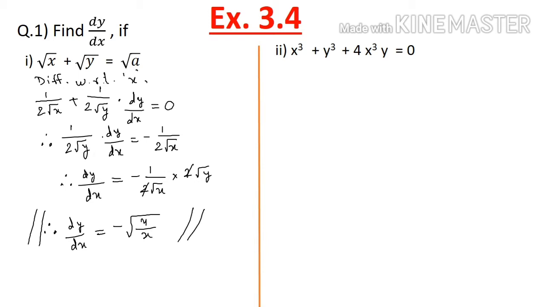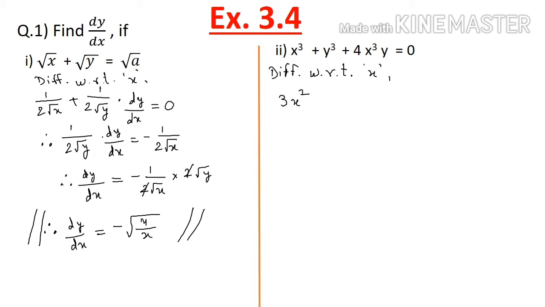Clear? Let's start with the second one. x cube plus y cube plus 4x cube y is equal to 0. So differentiating with respect to x. The derivative of x cube will be 3x square, correct?